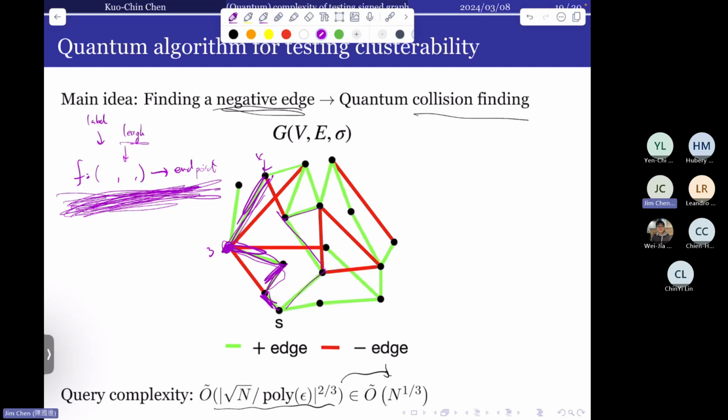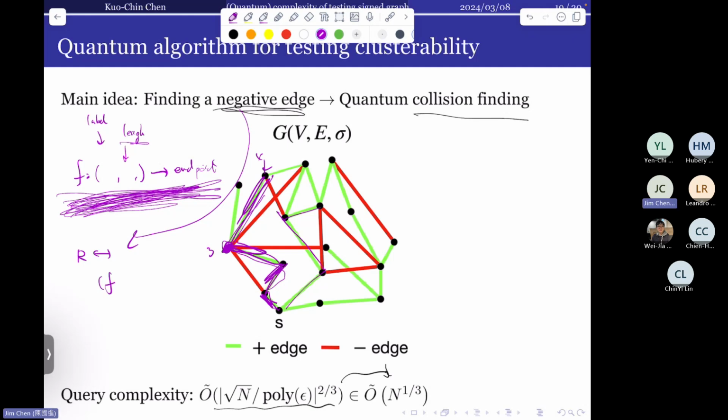So the problem is whether we could find a relation R, which is equivalent to finding the negative edge.